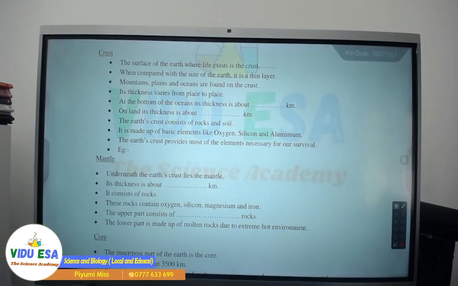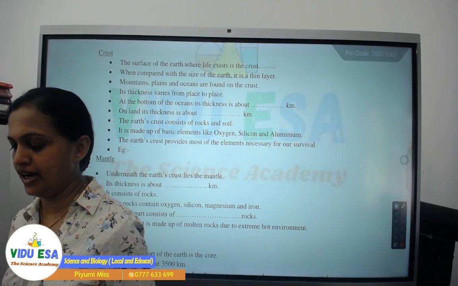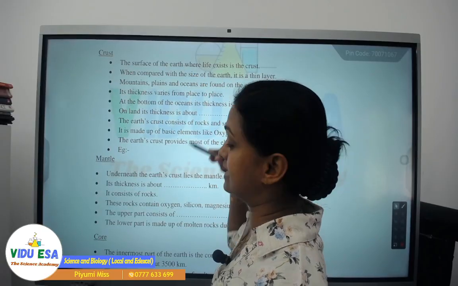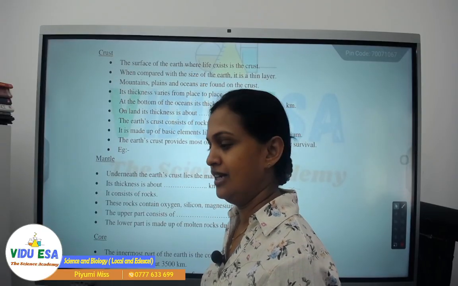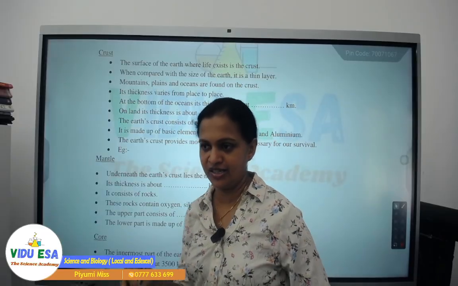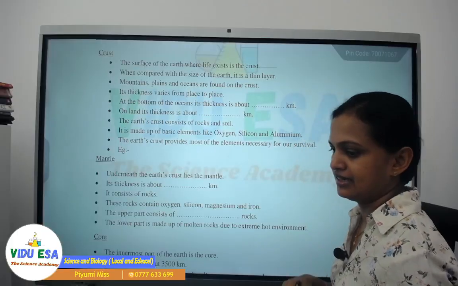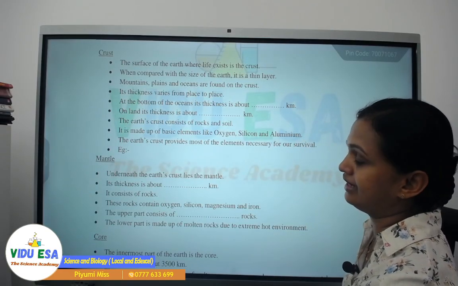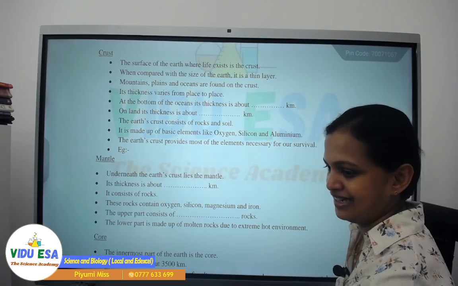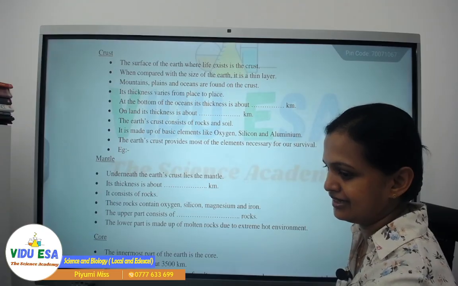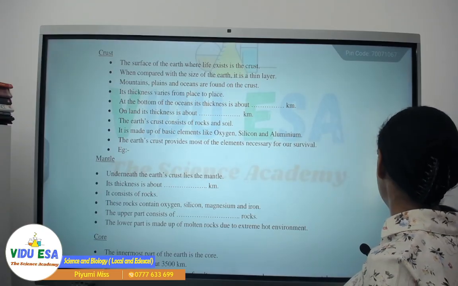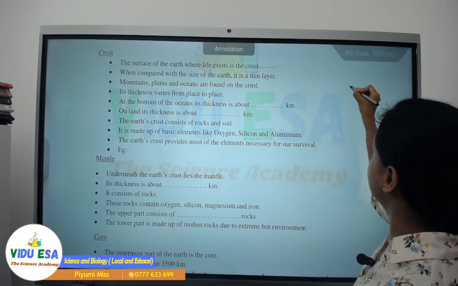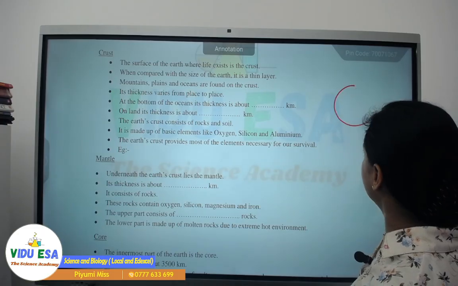Related to the crust, we have to remember that the surface of the earth where life exists is the crust. We find all of these living organisms on the earth's crust, right? When compared with the size of the earth, it is a thin layer, but it is also not that thin. It is not a smooth surface.